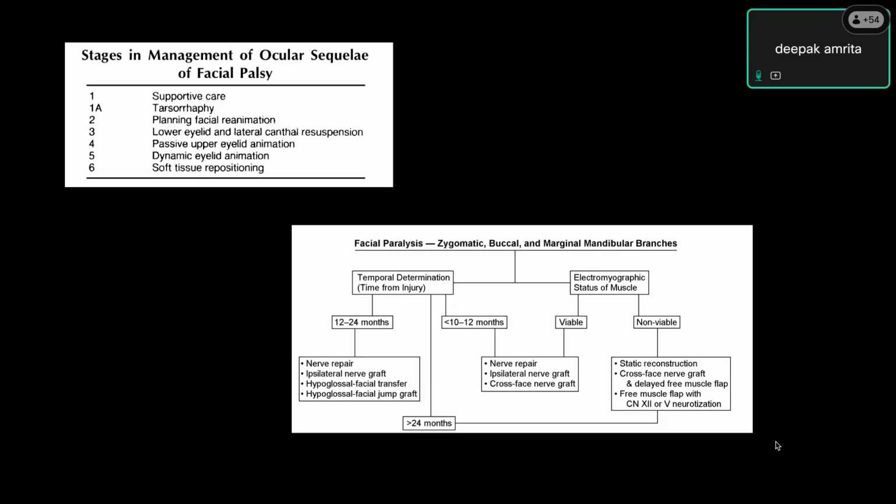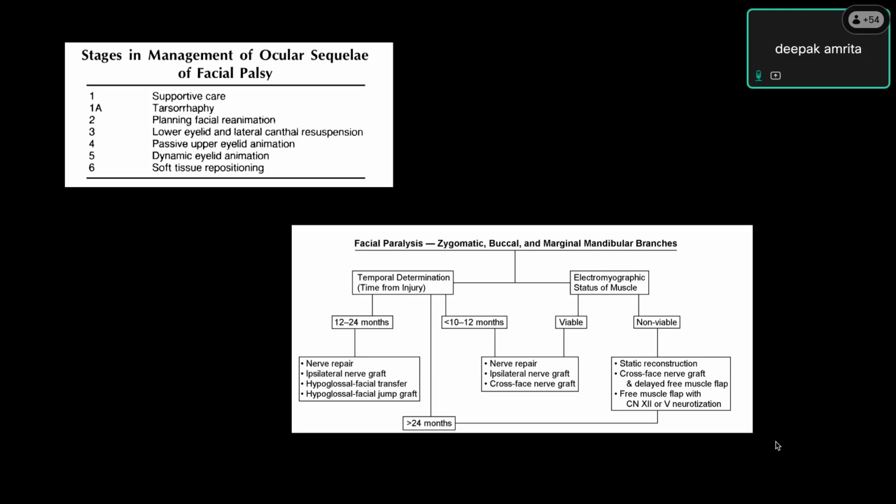And if you look at the lower segments of the face, it's all time bound. It's 12 to 24 months. Still, some people think of nerve repair, nerve graft and jumps, but that is only from 12 to 24 months. If it is more than 24 months, you have to think of doing a free functioning muscle transfer.